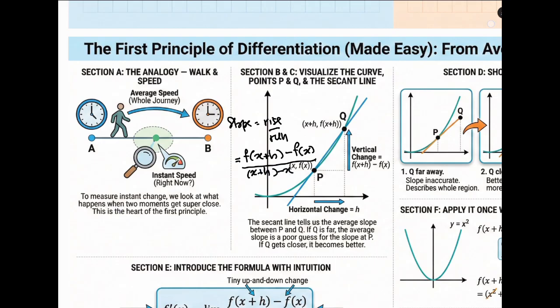If we try to simplify it down, you will see that we will get f(x plus h) minus f(x) over, we cancel out the x, it will leave us with h.